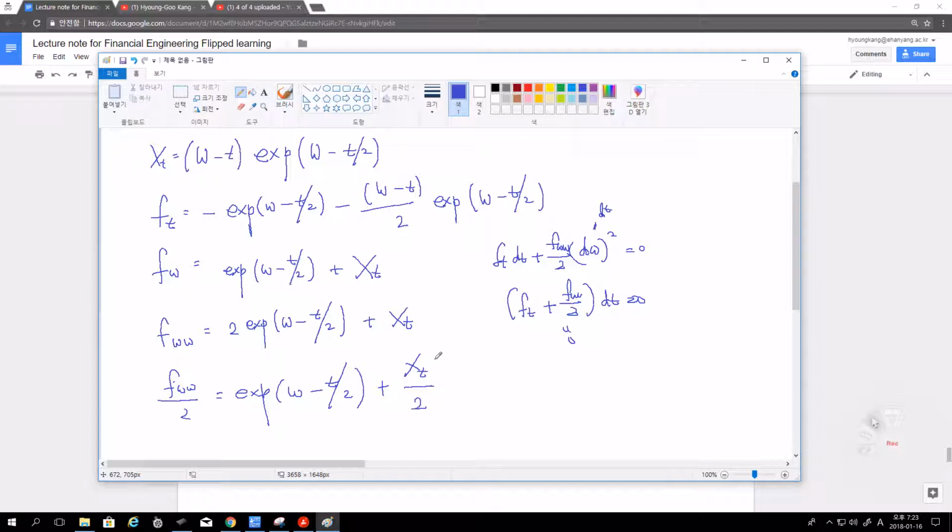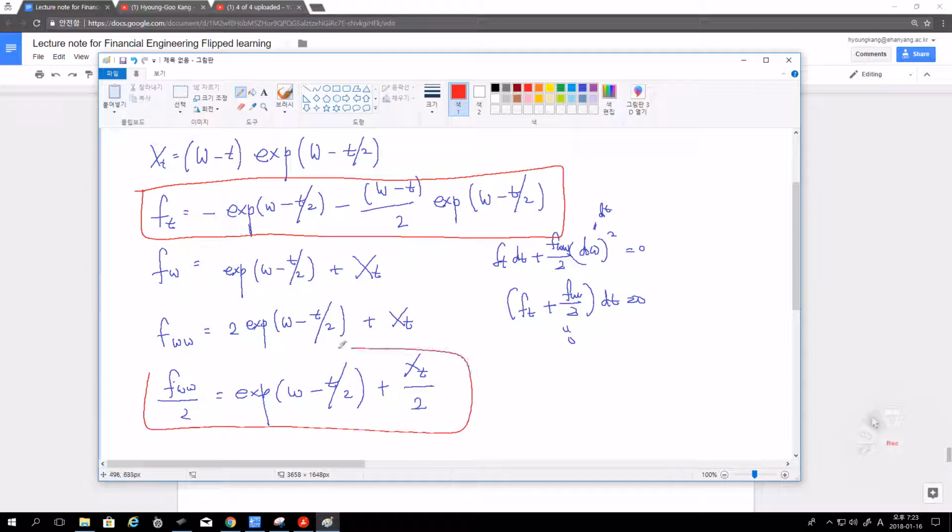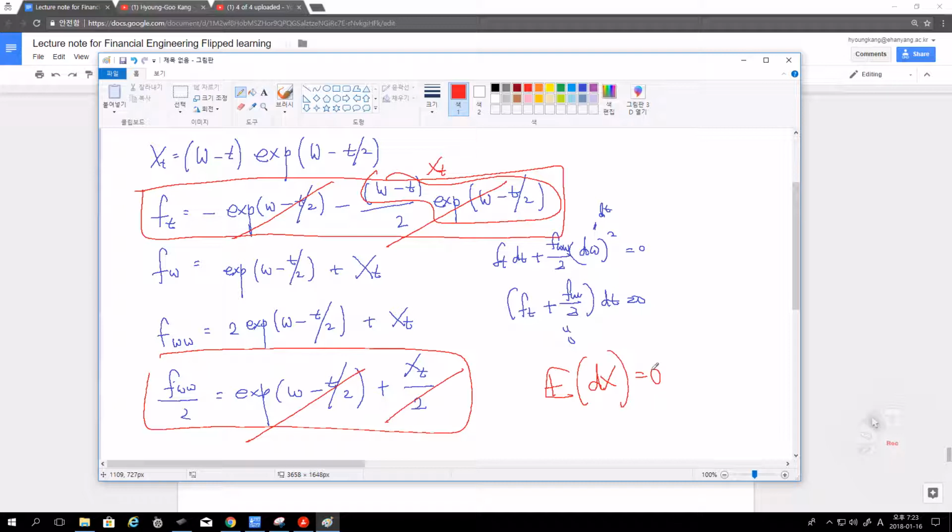So we can compare this one and this one, and this one cancels out. This term should cancel out as well because this part is xt. So it cancels out, and we are done. So this is 0, so this is a martingale, because the expectation of dx is 0.